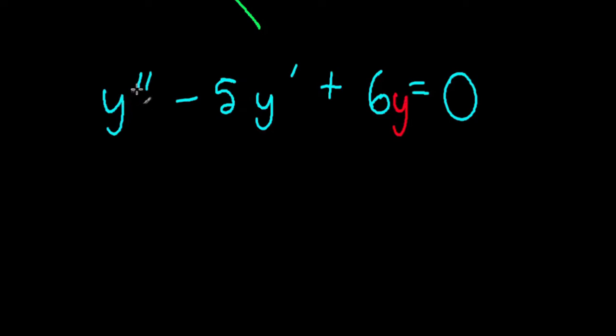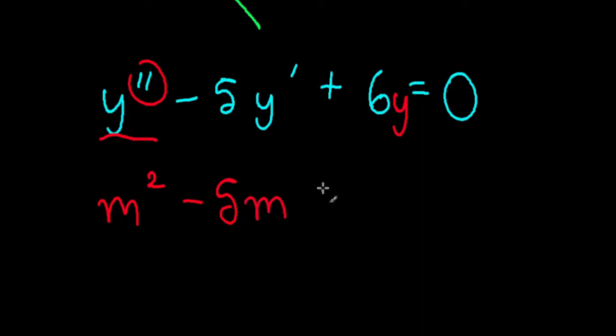Okay, so all that we need to do is replace the derivatives y and y by the corresponding powers of m, which is basically the thing we need to solve for in our characteristic equation. So y double prime is going to be replaced by m squared. Then we have minus 5 multiplied by y prime, so that's m to the power 1, or just m, plus 6 multiplied by just y.